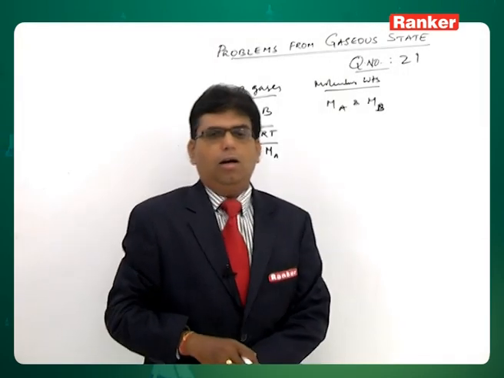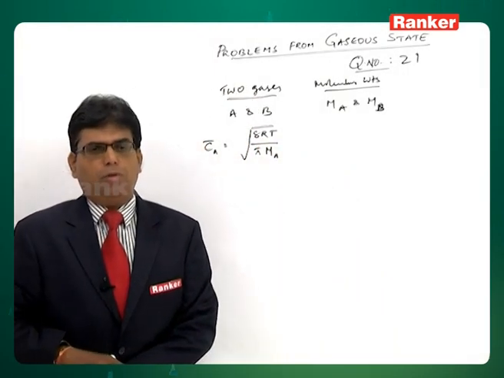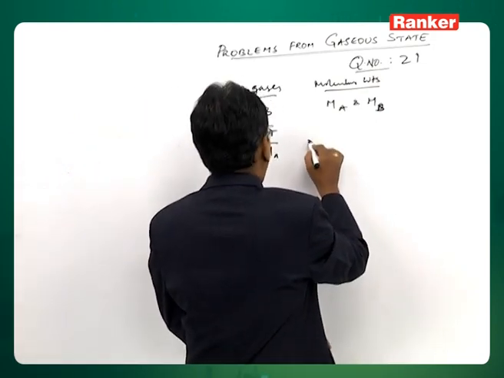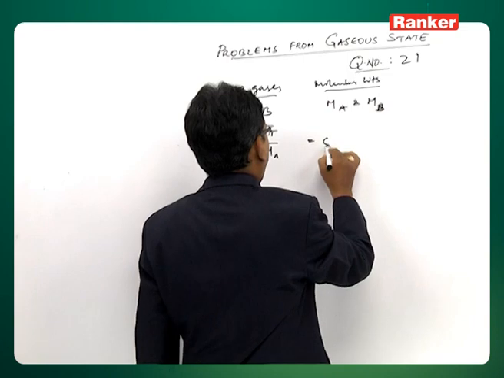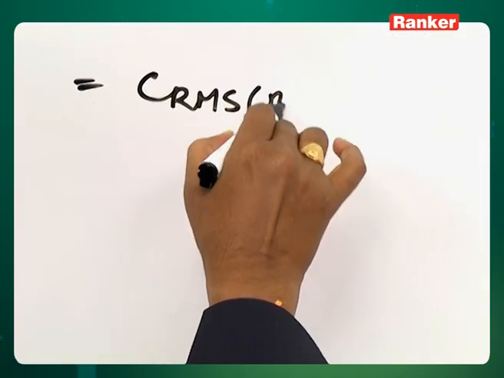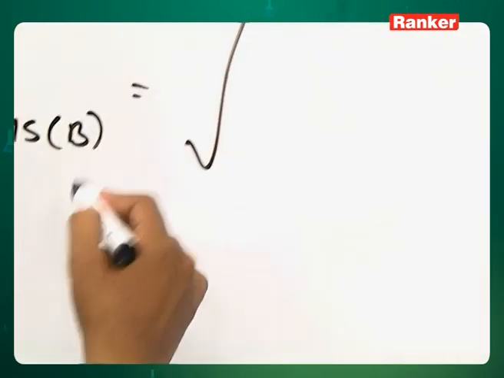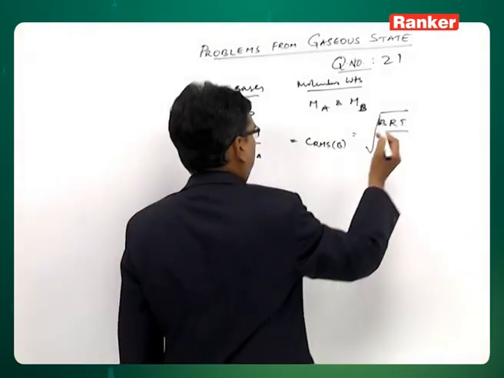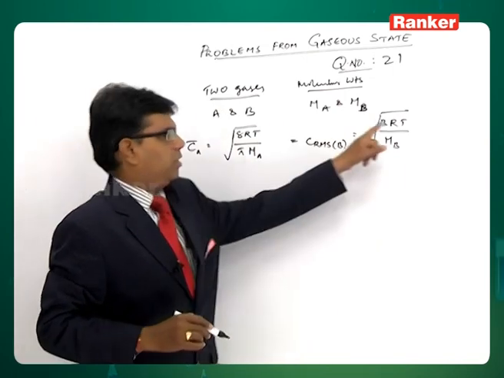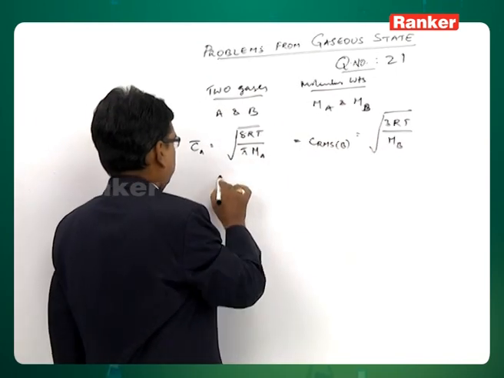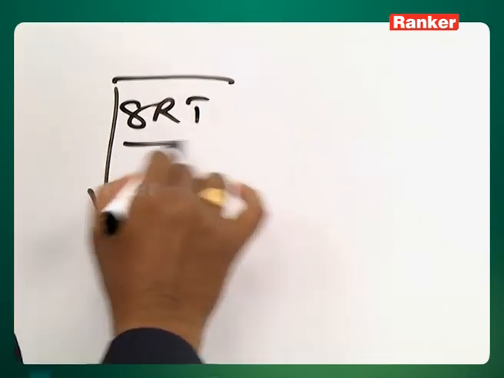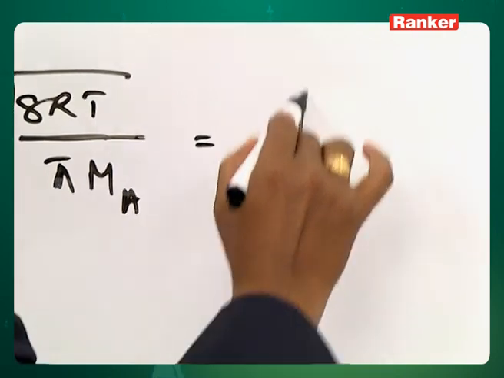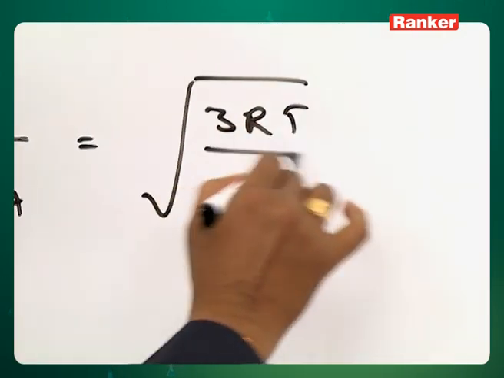The average velocity of A is equal to the RMS velocity of B, that is under root 3 RT by Mb, and these two temperatures are same. So, basically the given is that under root 8 RT by pi Ma is equal to under root 3 RT by Mb.